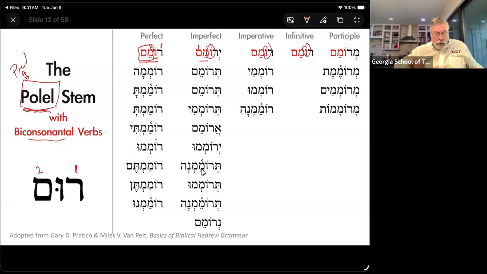Resh, vav, mem, mem. Here we go. Resh and mem with a shureq. Maybe that has something to do with its lexical form. I bet it does. The lexical form, being the dictionary form, would use the shureq to look it up.